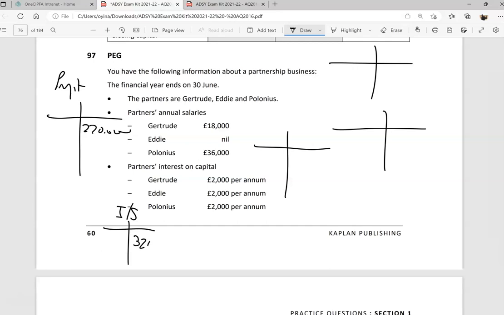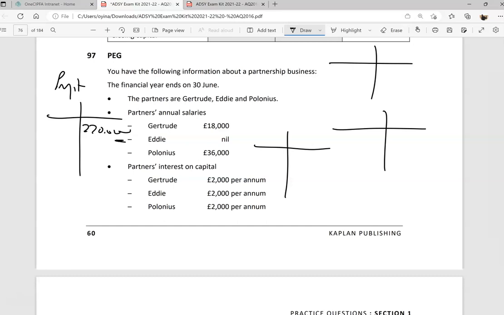If your revenue was 320,000 and all your expenses are 100,000, you can see that you've made a profit of 220,000. Well, that is a credit heavy account, isn't it? So that's the first point from a double entry point of view. When we're building up a capital account, they're all on the credit side, aren't they? So you want to be comfortable with the fact that this is a credit.